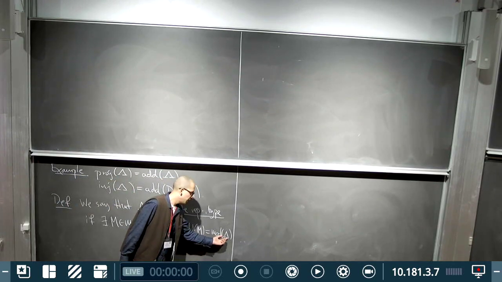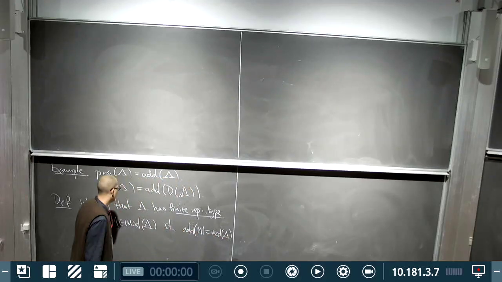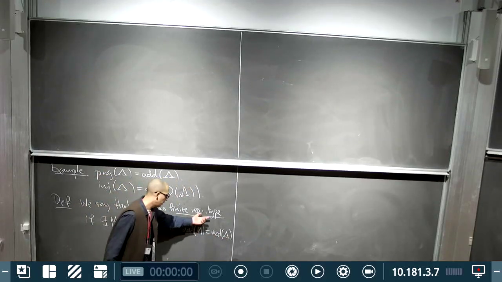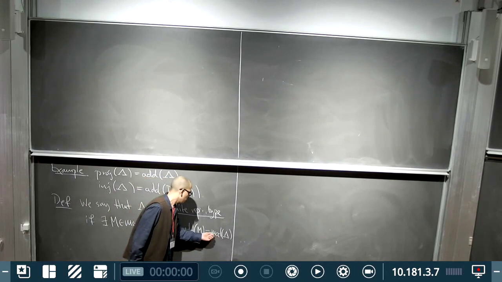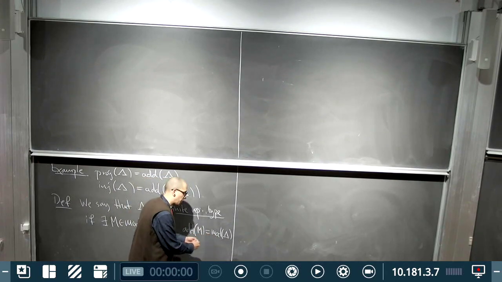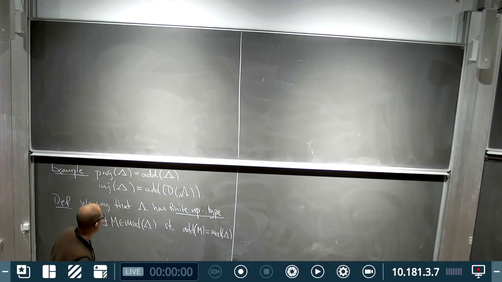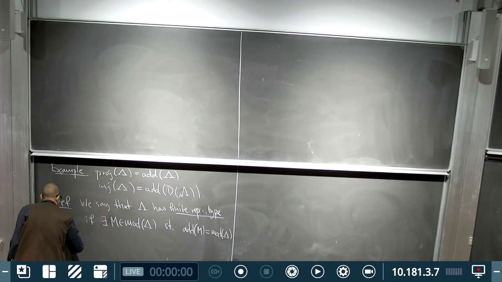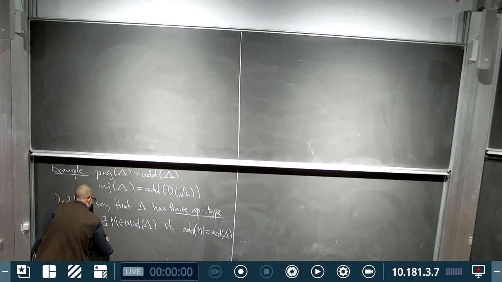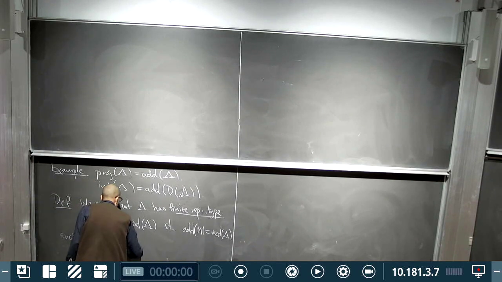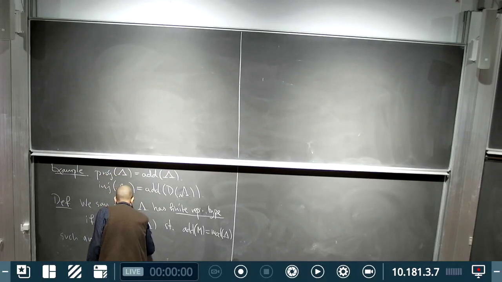So what this says is that every finite dimensional lambda module for a finite dimensional algebra of finite representation type is obtained from a fixed number of indecomposable lambda modules. Yeah, so that's why the name finite representation type, because M itself has only finitely many indecomposable direct summands. So in this case, we call such an M an additive generator or a representation generator of the category of lambda modules.